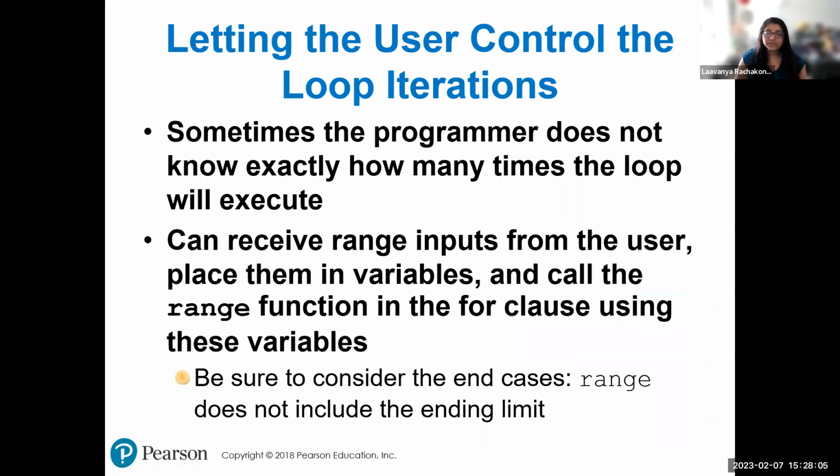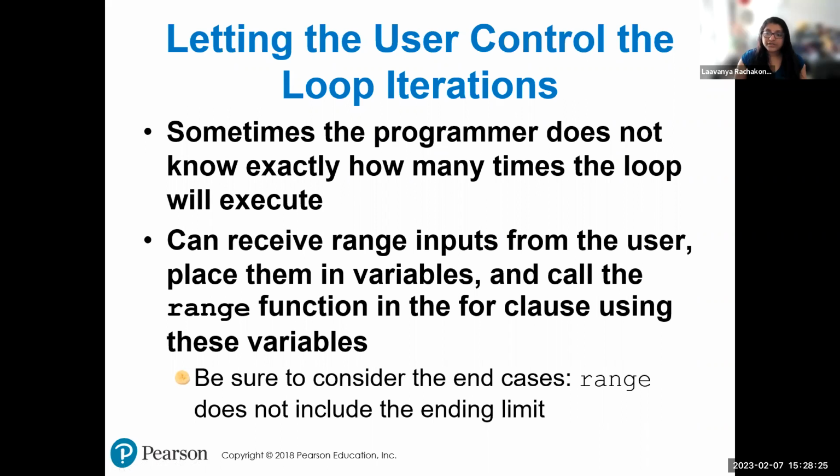So you can also let the user control the total number of loop iterations. So till now, you have only seen where the program has decided the total number of repetitions, like it has decided that the numbers can be from 1 through 10. But what if you want to ask the user to enter the starting limit and the ending limit?